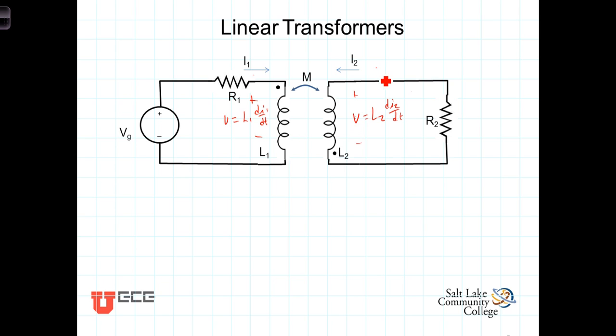Similarly, the current that's flowing through L2 induces not just the voltage in L2, but also a voltage in the neighboring coil there. These are known as mutually induced voltages. Now, because the direction of the B field established by I1 is dependent upon how the coil is wound and the direction of the current flowing through it, the polarity of these two voltages requires some additional attention.